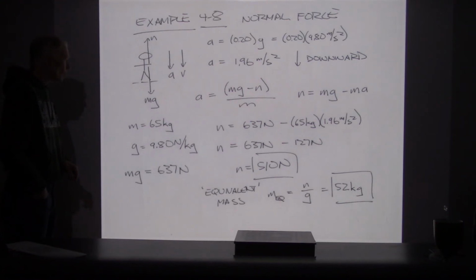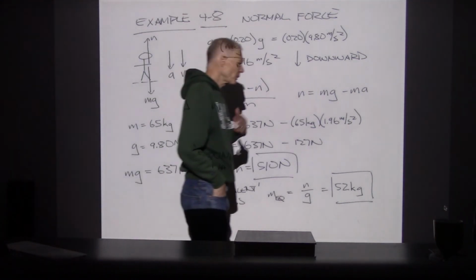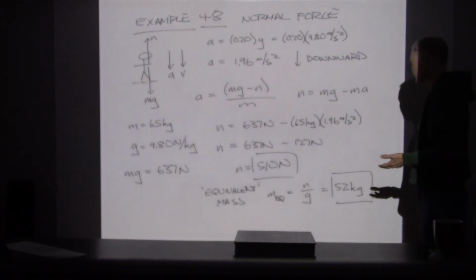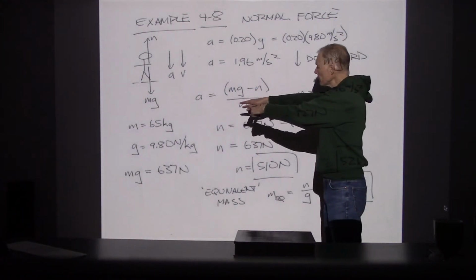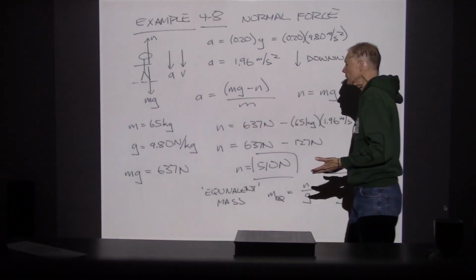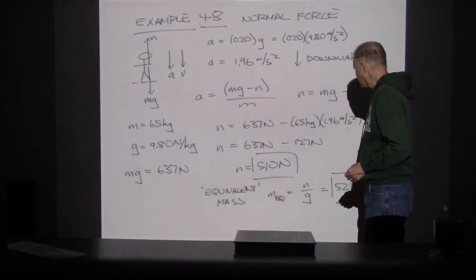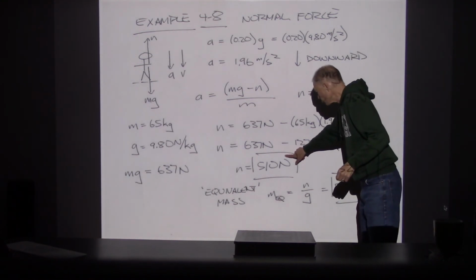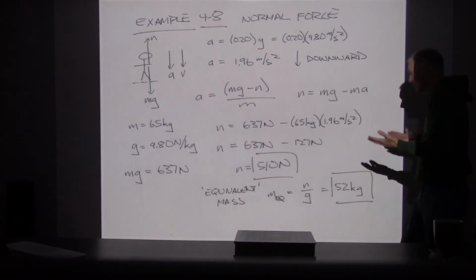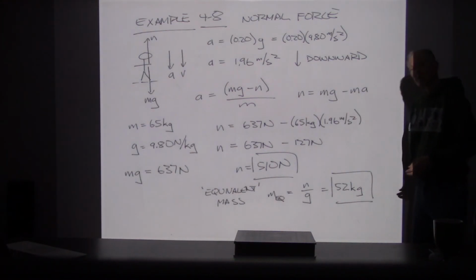So what we could do now is, we tend not to think in terms of newtons. Those aren't quite as familiar as kilograms. So they said that the person was 65 kilograms. What does the person feel like when they're standing? And the normal force is equivalent to, it's as if the person were 52 kilograms.